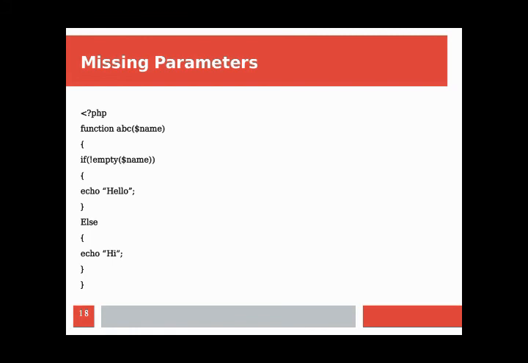So remember that when that value is missing, what will be printed, and when we take that value, what will be printed. For that we use this program. When not empty, it will print hello. When empty, it will print hi.